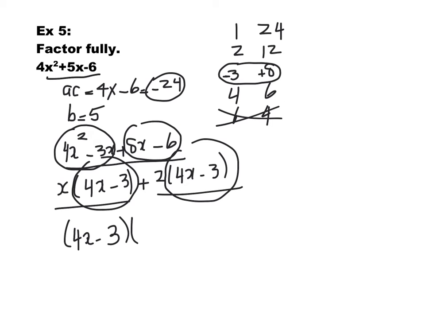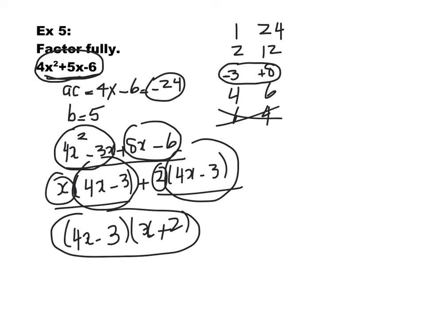And from the first term, I get only x, and the second term, I only get plus 2. So the factor of 4x squared plus 5x minus 6 is this product.